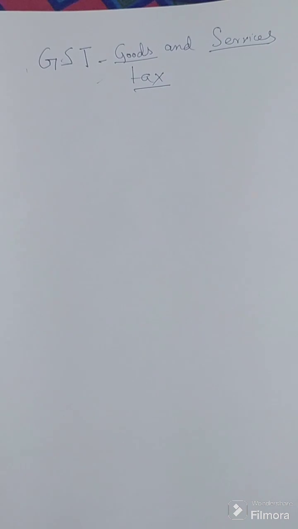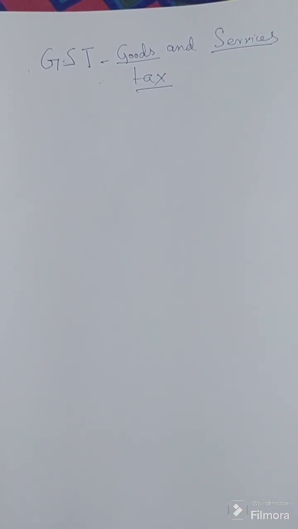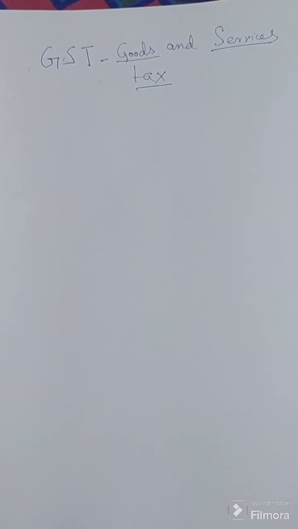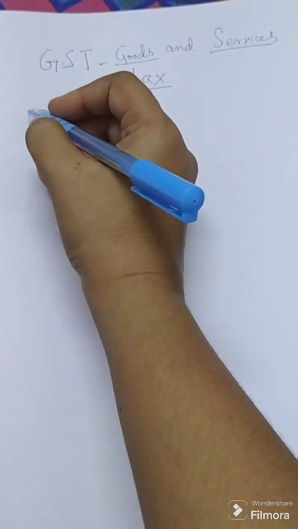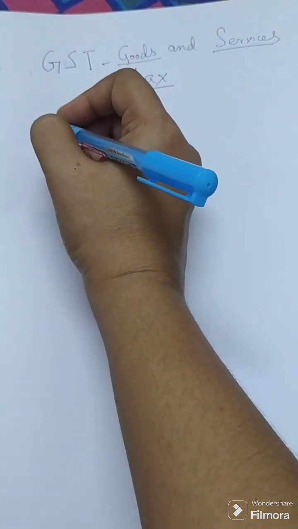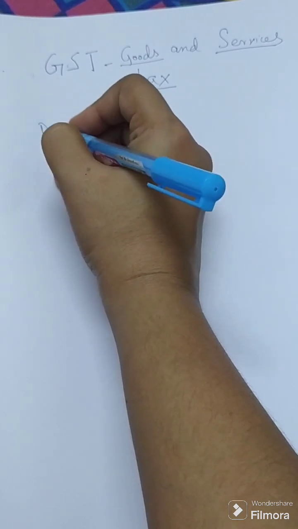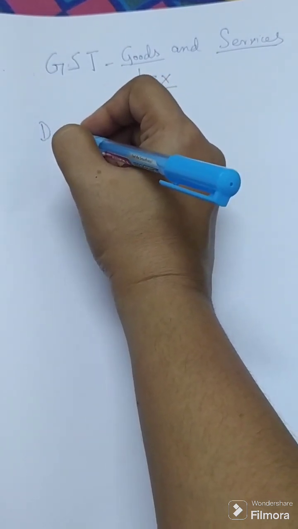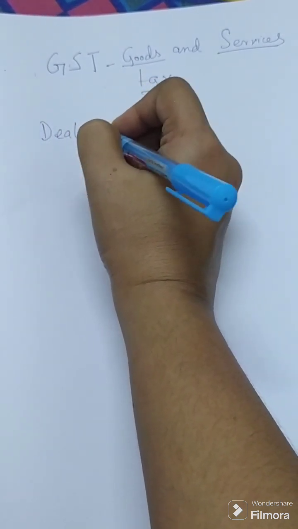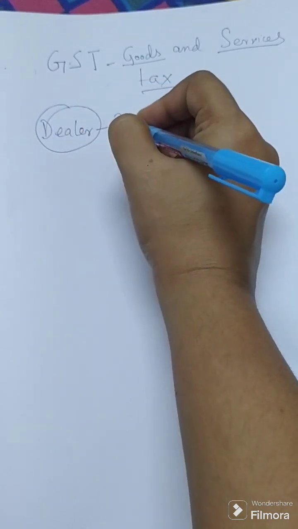Before starting the sums of this chapter, first of all, we have to know different types of terms related to GST. The first term that we have to understand is the dealer. Who is a dealer?